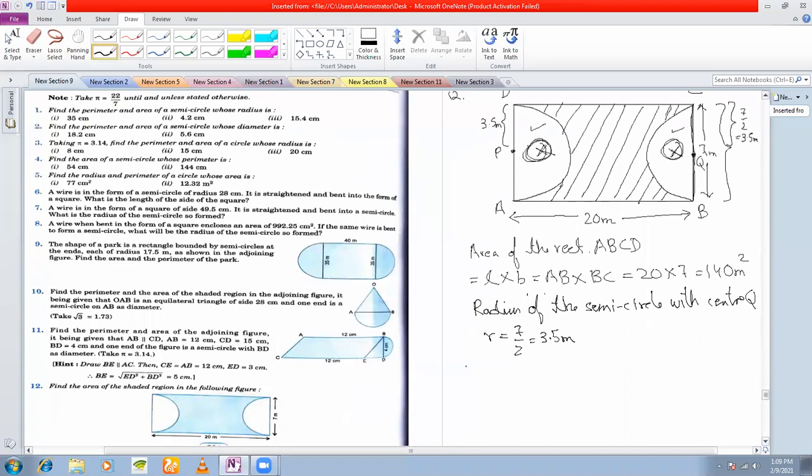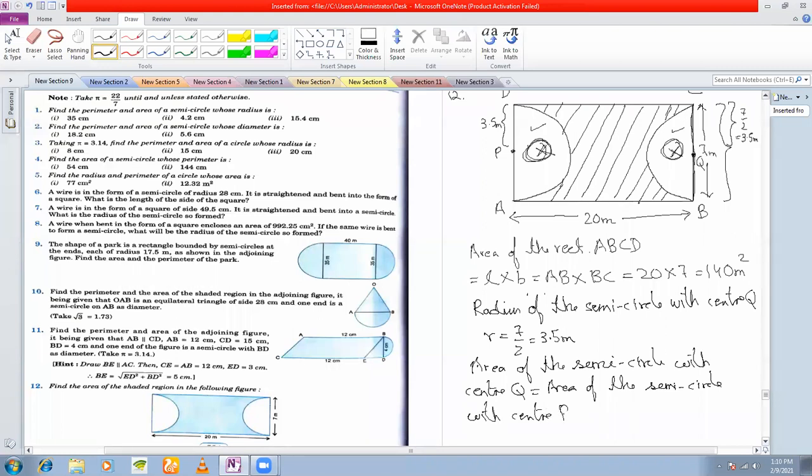Okay. So area of the semicircle with center Q is the same as area of the semicircle with center P is equal to half pi R square.